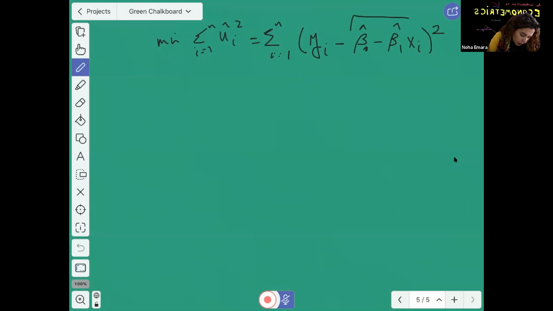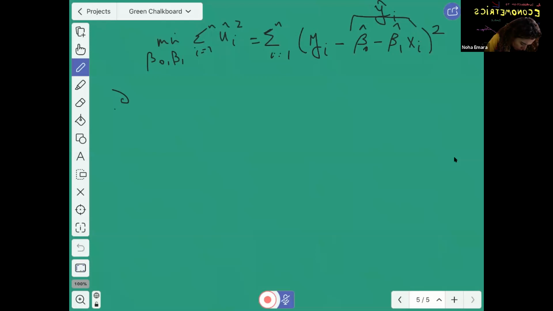You already know that this part comes from y_i hat, which is beta hat naught plus beta hat 1 x, assuming that I just have a simple regression model. If I want to perform this minimization with respect to just the two coefficients I have, beta 1 and beta naught, let's do the first one with respect to beta naught.